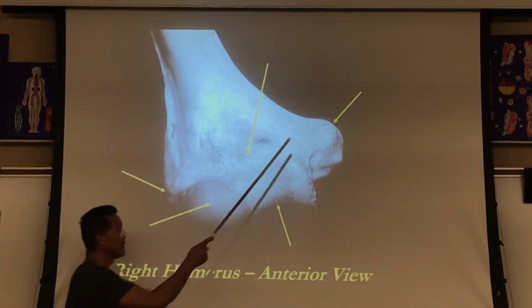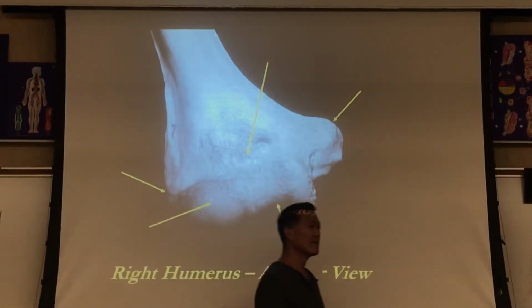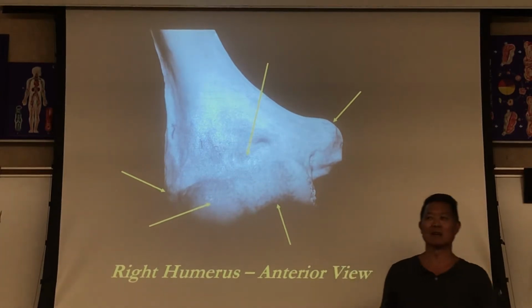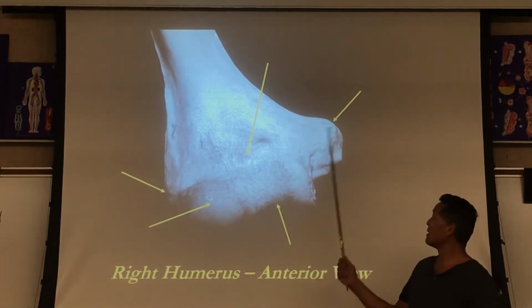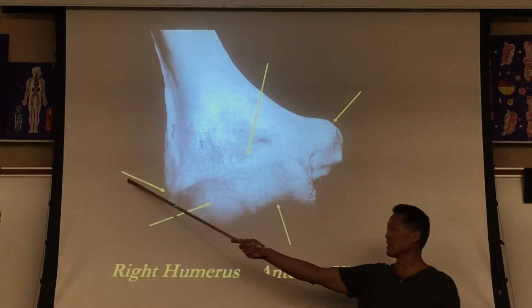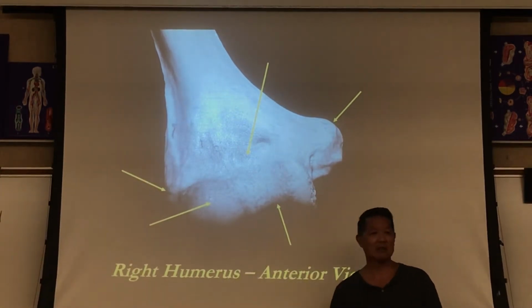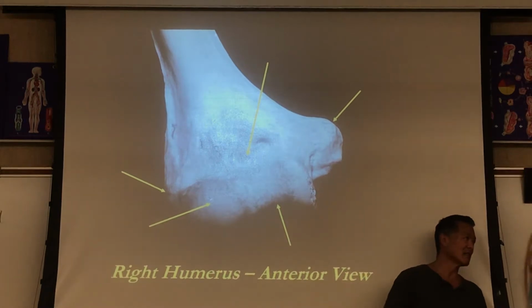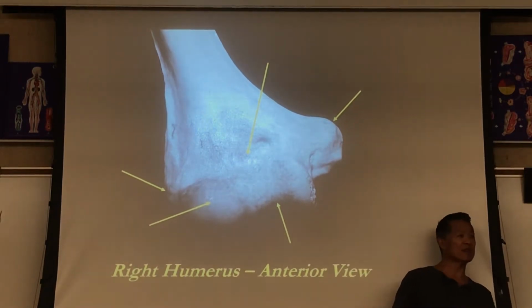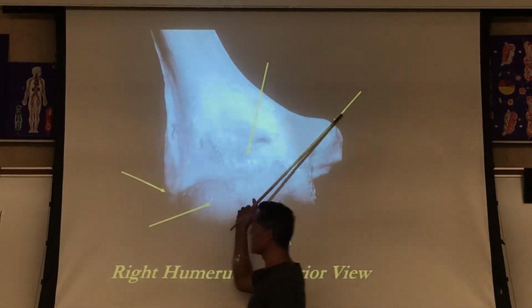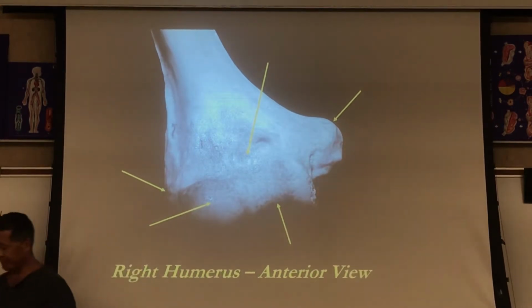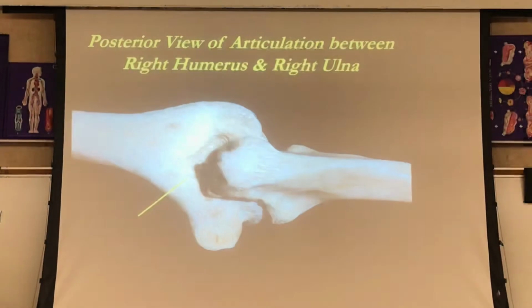Inflammation of this bump? Bursitis. You guys haven't heard of tennis elbow? Oh, I said bursitis. How about this one? Lateral epicondylitis. Oh, no. Anybody heard of golfer's elbow? Golfer's elbow is this one. Tennis elbow is this one. All right, let's move on.